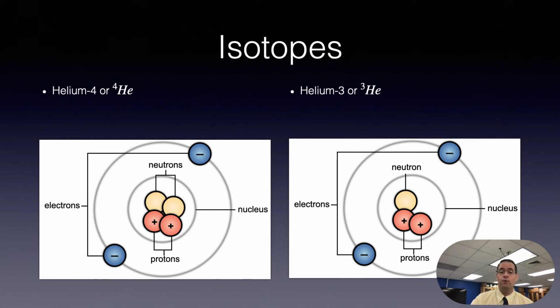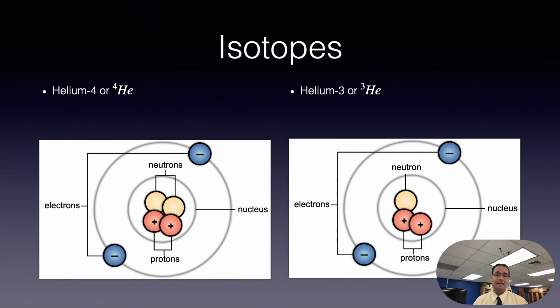The helium-4 atom on the left has a mass of 4, as we've seen, because 2 neutrons and 2 protons, 2 and 2 is 4. And the one on the right here, helium-3, has a mass of 3 because it's got only 1 neutron, but still 2 protons. So 1 and 2 is 3. We indicate the mass number by the nuclear symbol, as I mentioned, in the upper left-hand corner, or we can follow the element name with a hyphen.